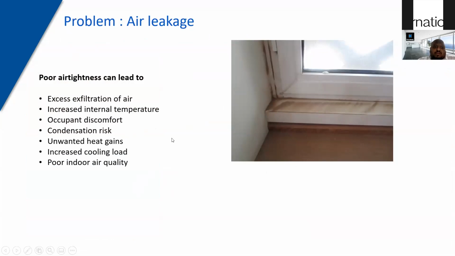And the impact of condensation, if you are living in the region and if you've seen, especially in the last month, when the temperature is falling and your air conditioning is blasting its load inside, you will notice a lot of condensation happening, and that's again an important factor to consider, and that's essentially part of air leakage on a window, door, or facade. Unwanted heat gains and poor indoor air quality.